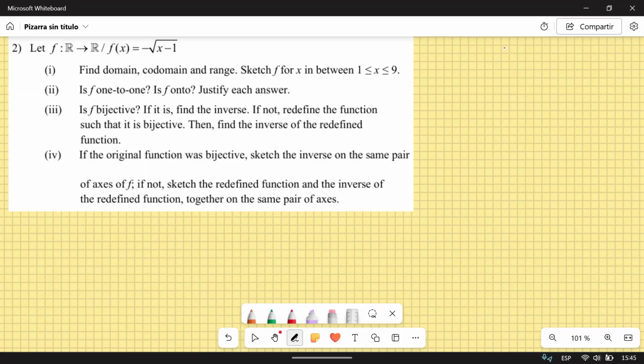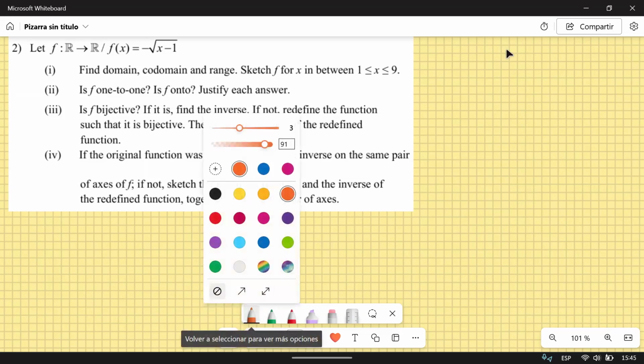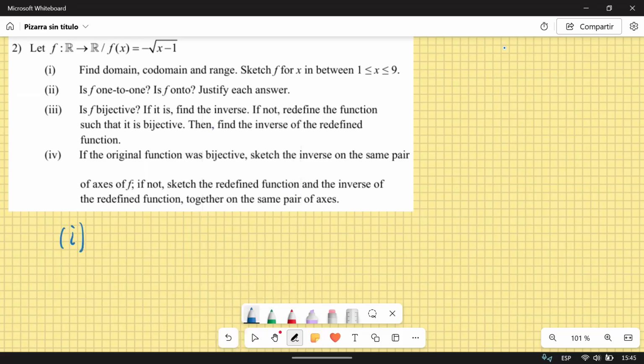Let's see. So let's start with 1, and I need that x minus 1 is greater than or equal to 0. This means that x is greater than or equal to 1.